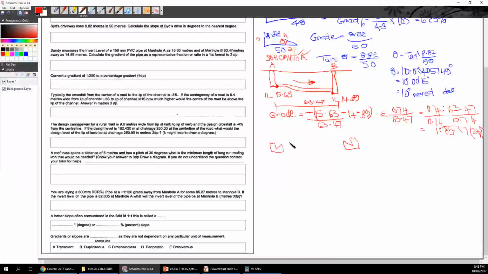Looks something like that, and then the road generally goes up like that. In that case it's minus 3%. Well, that's from the center of the road down, it'll be that way.